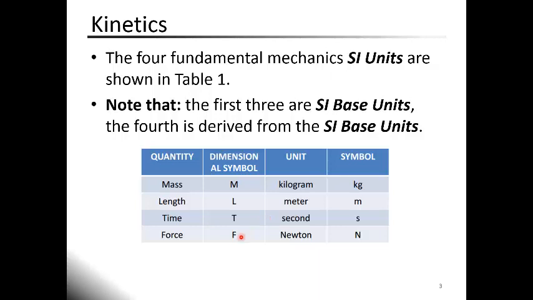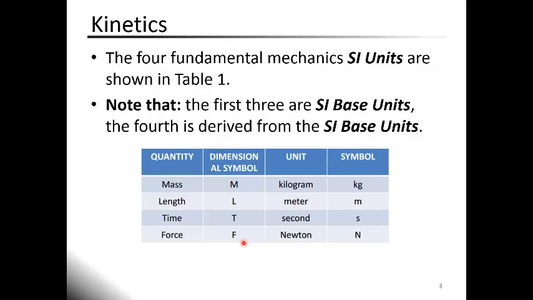The fourth unit here, which is part of the SI units, is measured in Newton, and the Newton here is derived from these three quantities. So if we, for example, try to get the units for the force based on Newton's second law, the force is equal to the mass multiplied by the acceleration.